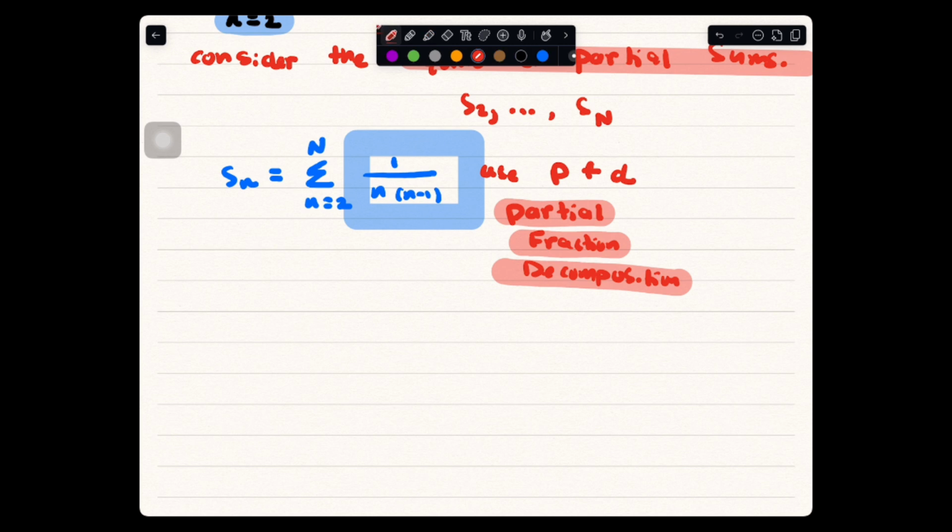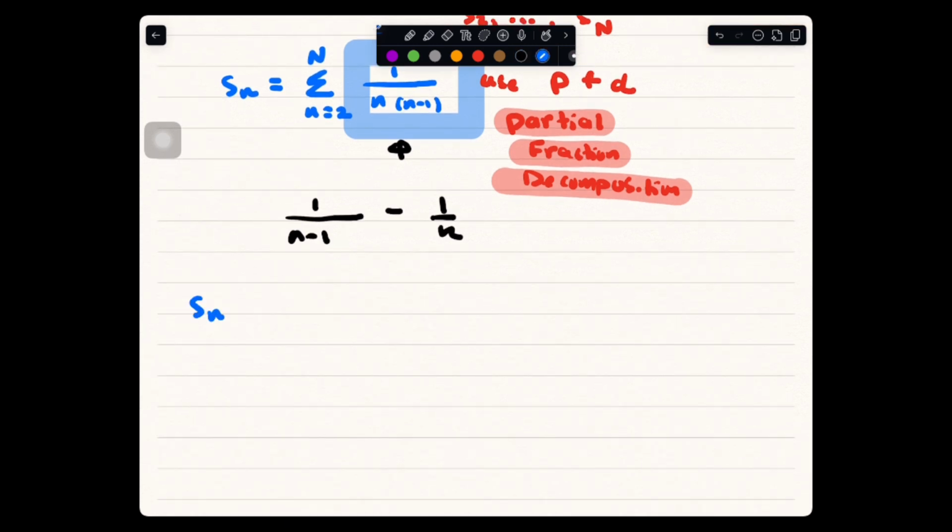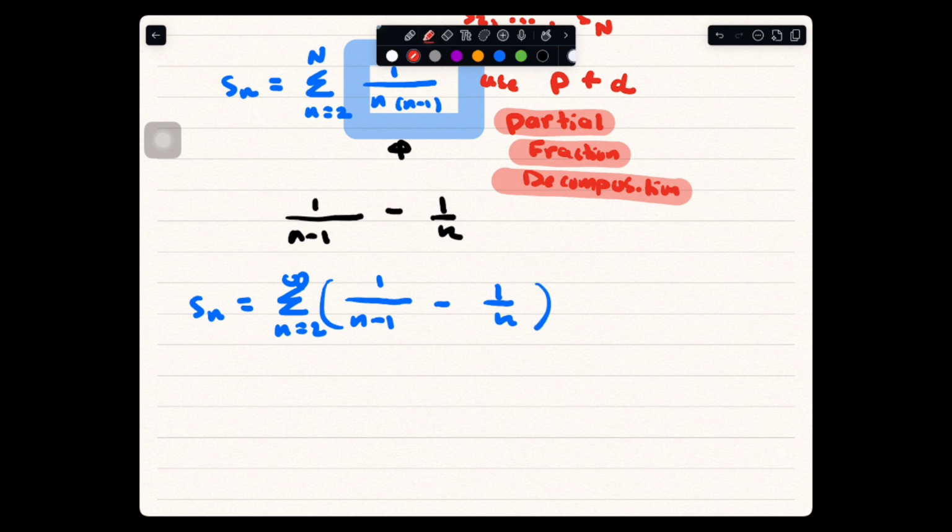Now, by partial fraction decomposition, this portion here is really 1 over n minus 1 minus 1 over n. So our sequence can be written this way. Okay, and that's all because of partial fraction decomposition.